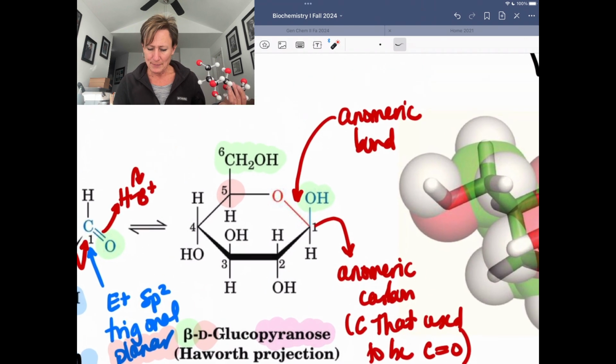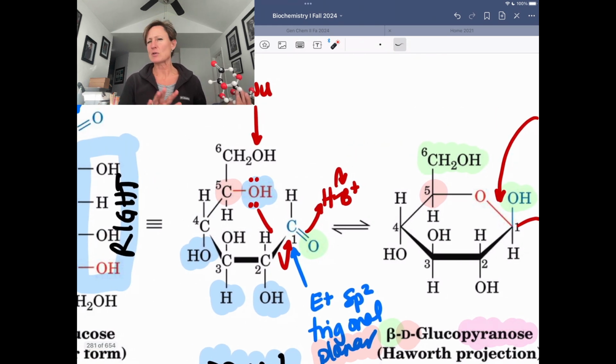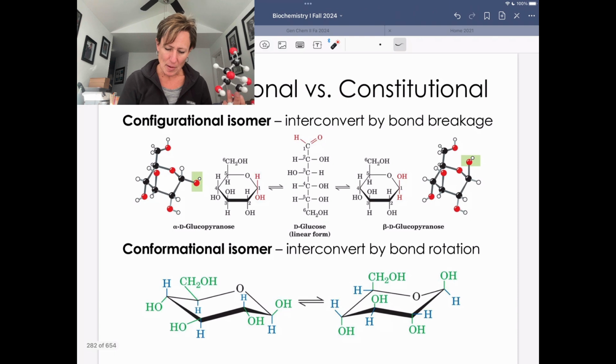Reminding you here, it was a bottom face attack to make the beta anomer. Don't put that association together. That bottom face is not necessarily always going to be beta. It is for what we see here. But we have the ability to attack from the top face. But again, it would be breaking my anomeric bond.